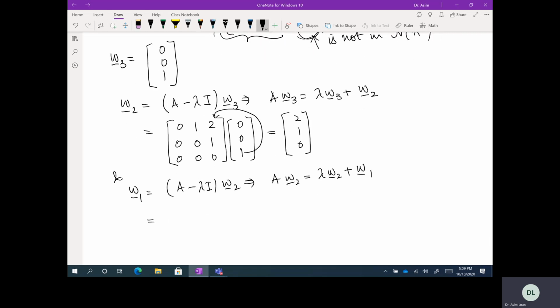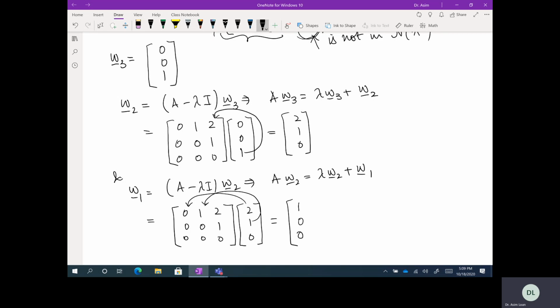And this is equal to, again, [0, 1, 2; 0, 0, 1; 0, 0, 0] multiplied by my W2, which is 2, 1, 0. So twice the first column, no contribution, and once the second column, and there is no contribution of the third one. So this is 1, and this is 0, this is 0.